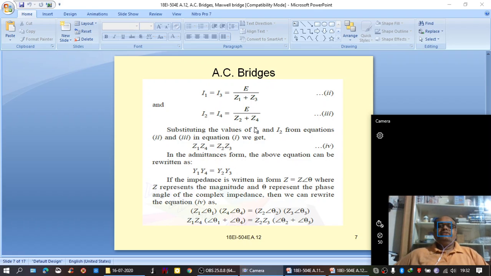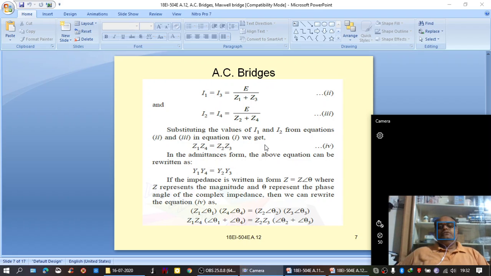This we have already seen in the last class also. Just as a part of recollection, we are once again looking at the analysis of the circuit. I2 is equal to I4, that is E by Z2 plus Z4.